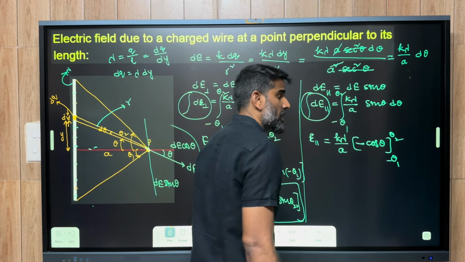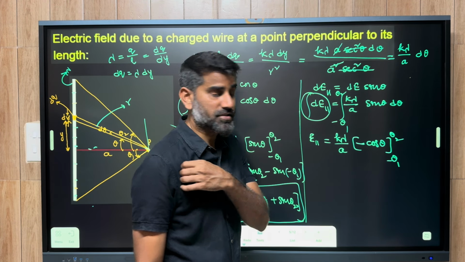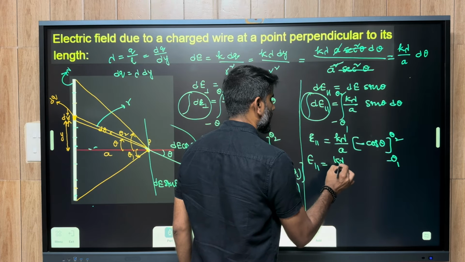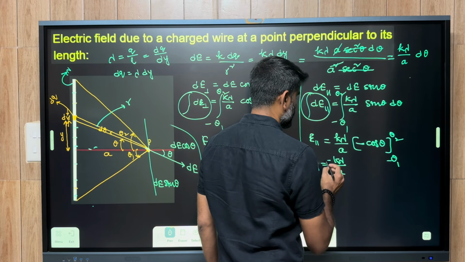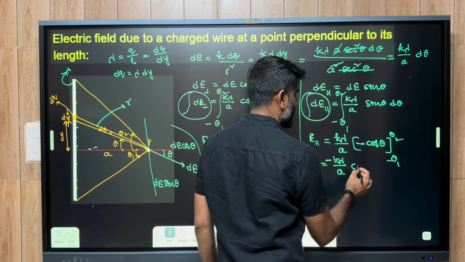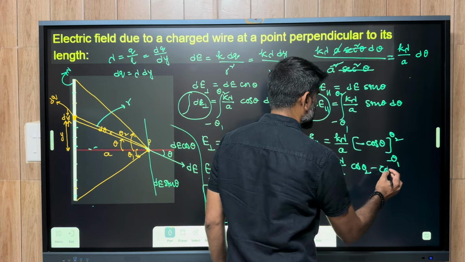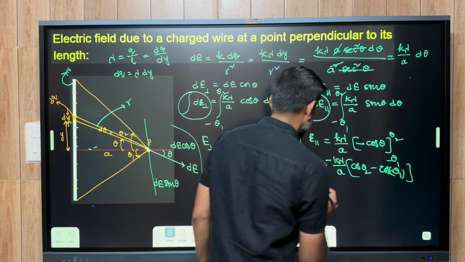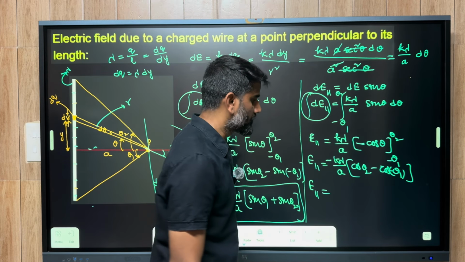As we know, cos theta is an even function. Cos of minus theta is again cos theta. So what am I getting finally? K lambda by a, minus can be taken out, cos theta 2 minus cos of minus theta 1, and cos of minus theta is cos theta again.